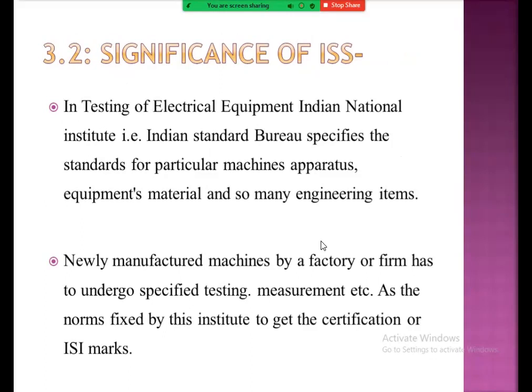Shantanu Patil. Yes, Shantanu. Chaitanya, can you?